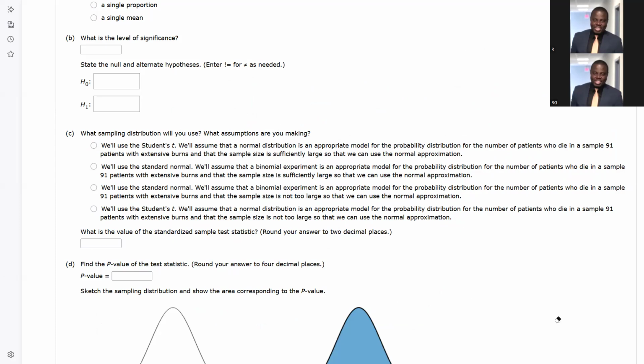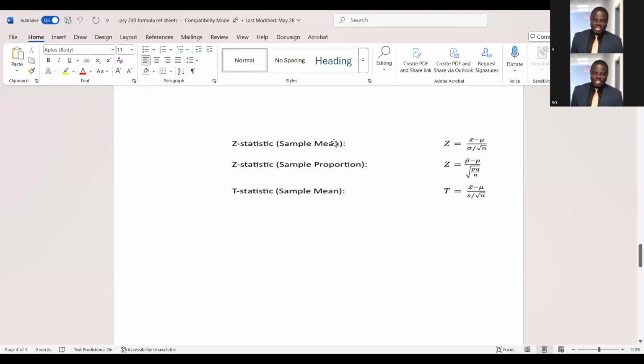Now, if you remember, we know that to find the test statistic, we are really dealing with these three formulas. Now, the first one you should be used to by now. This is Z statistic, the test statistic for the mean. And this is the test statistic for the proportion. And this is the T test statistic for the mean.